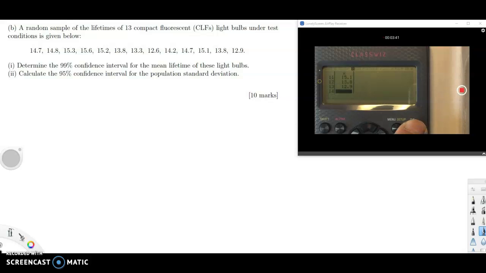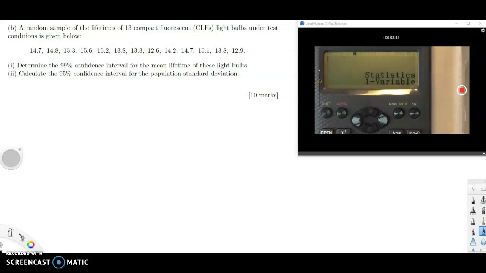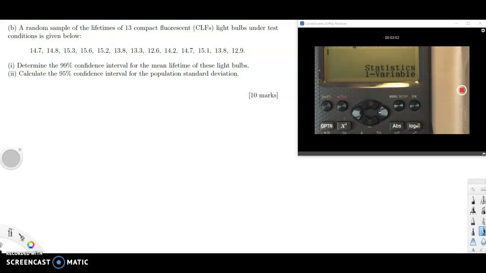Now we can press the on key here, and this comes up on the screen. To access the summary statistics, we press the option key there, OPTN, and now we have 1, 2 or 3. I'm going to go with number 2 there.